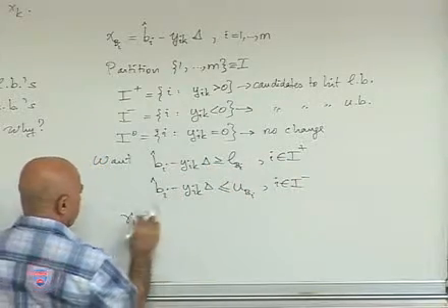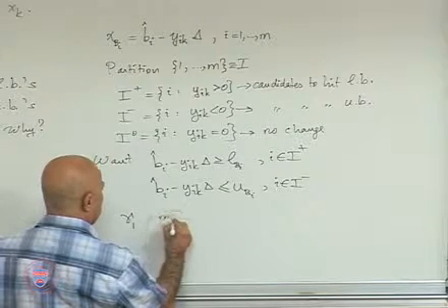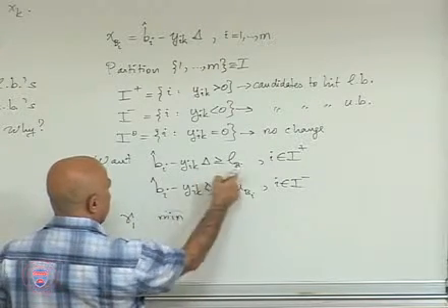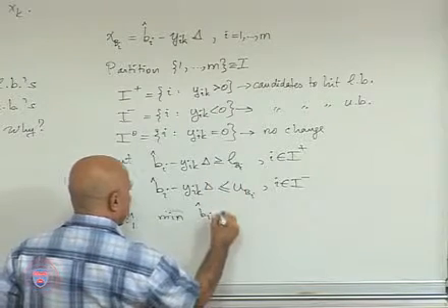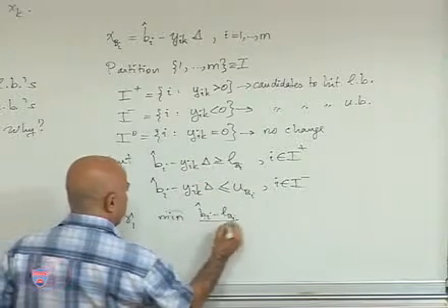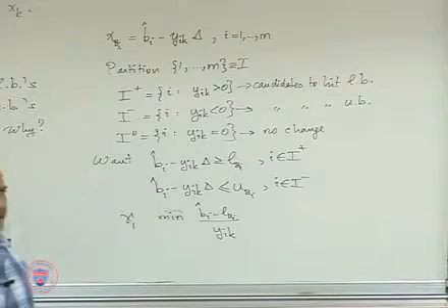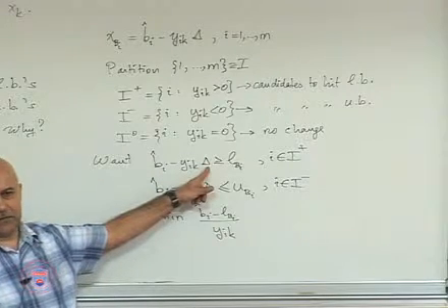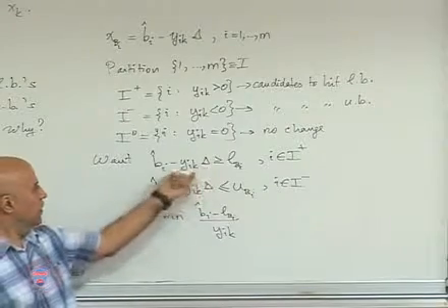So we want a minimum ratio here, b_i cap minus l_Bi, and then divide by y_ik. I'm simply solving for delta. That's really nothing mysterious here.